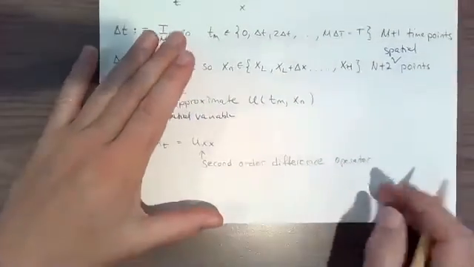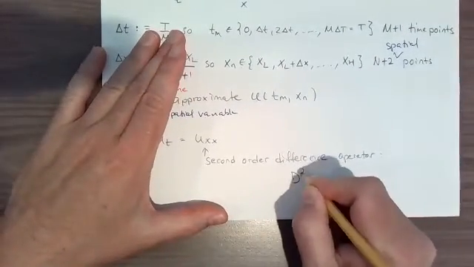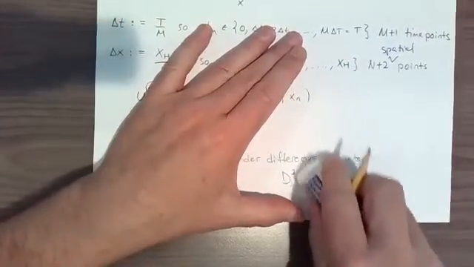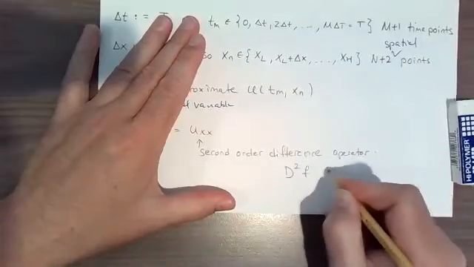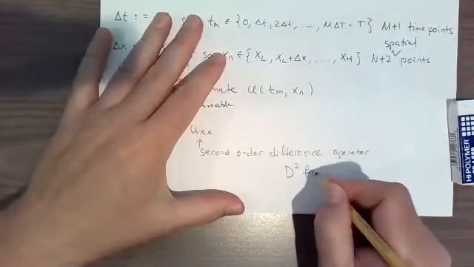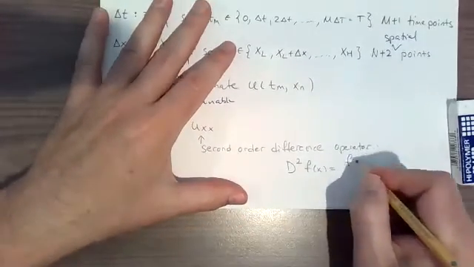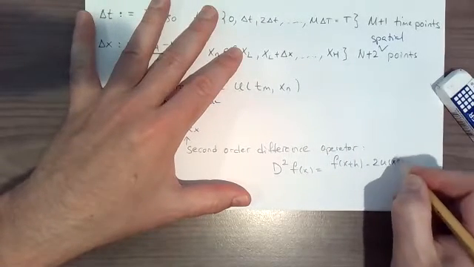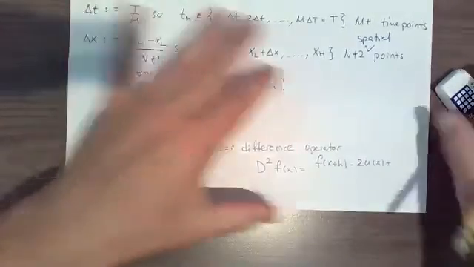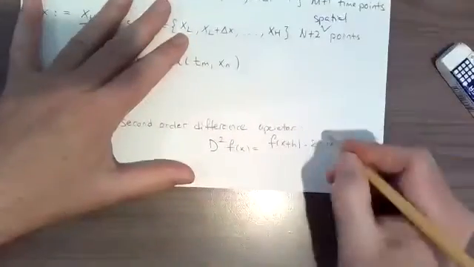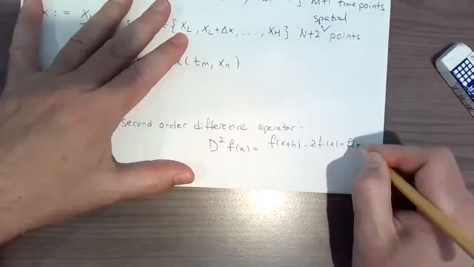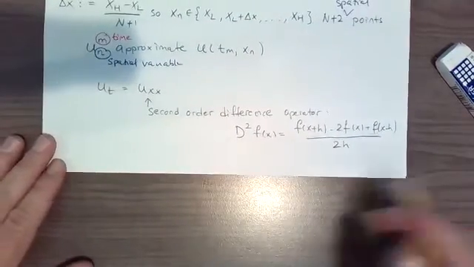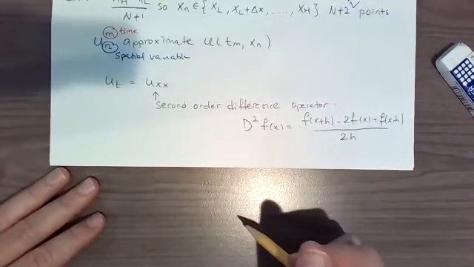If you take d squared applied to a function, let me call it f as before, evaluated at point x, this would be f of x plus h, minus 2 f of x, plus f of x minus h, divided by h squared. That was the second order difference operator.